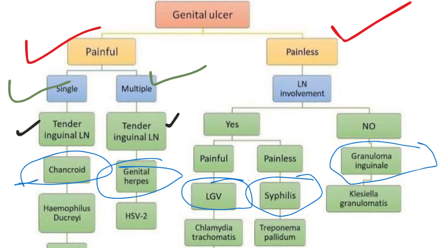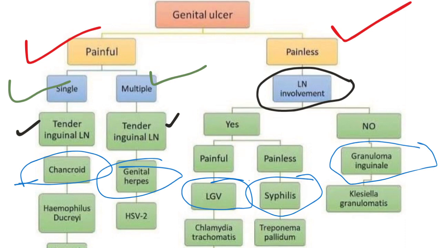So this is the first part. The first clinical feature we have to look for is pain. If the genital ulcers are painful, then we have to look, are they single or multiple? If single, then with inguinal lymph nodes which are also tender, the most probable diagnosis is chancroid. But if they are multiple in number, then the probable diagnosis is herpes.